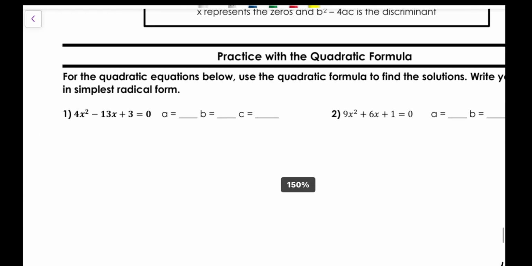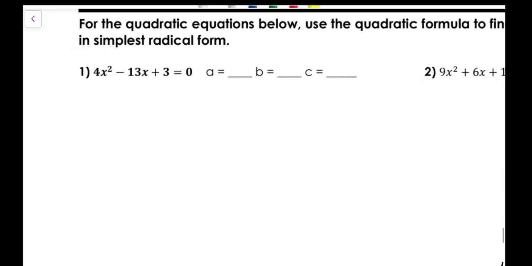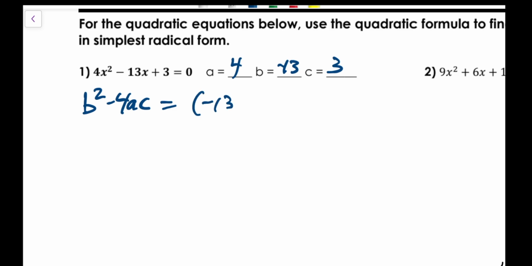So let's see if we can do one of these here. The first thing you want to do is identify your A, your B, and your C. Then calculate the discriminant, b squared minus 4ac. That's negative 13 squared minus 4 times 4 times 3.